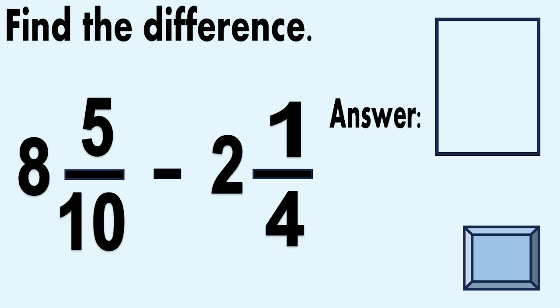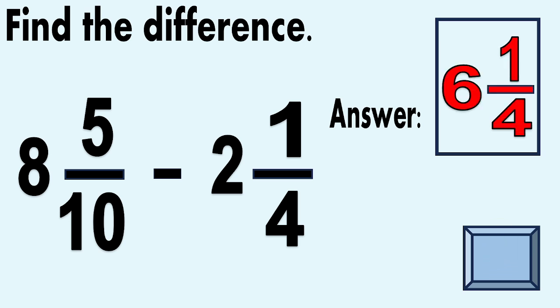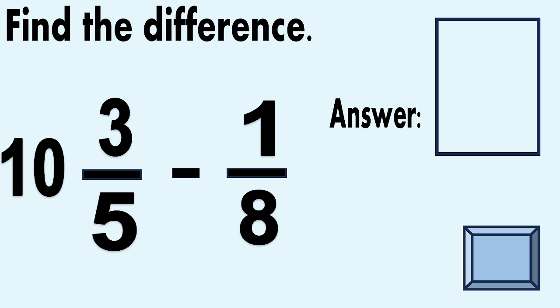Next, 8 and 5/10 minus 2 and 1/4. Time's up. The answer is 6 and 1/4. Next, 10 and 3/5 minus 1/8.